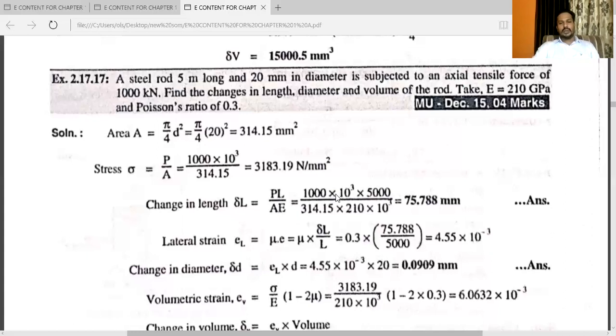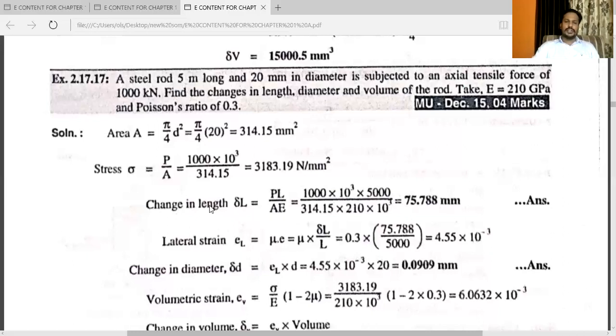P is 1000 into 10 raised to 3, L is 5000 mm, area is 314.15, E is 210 into 10 raised to 3 in Newton per mm square. We will get the value of change in length.